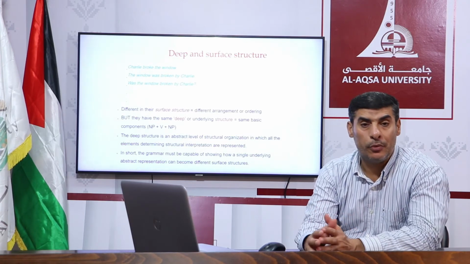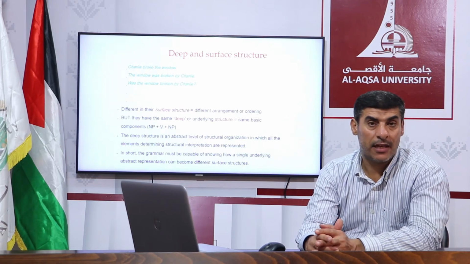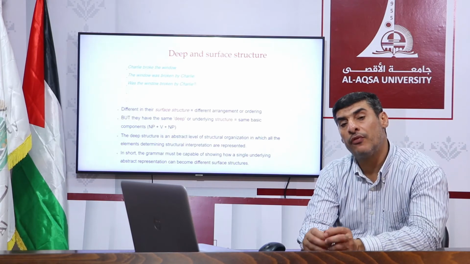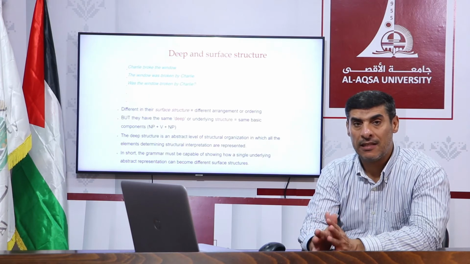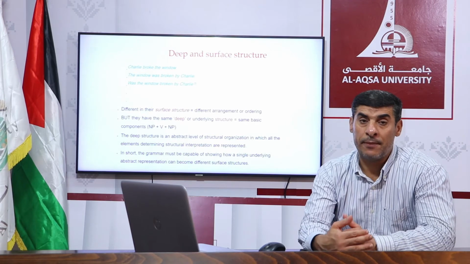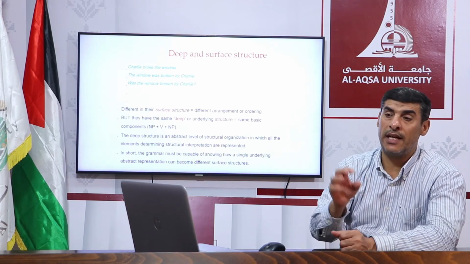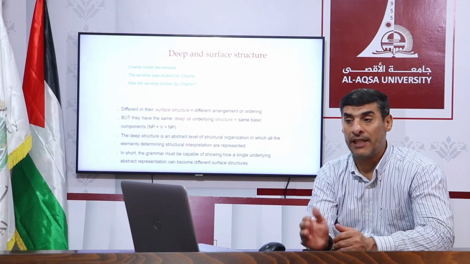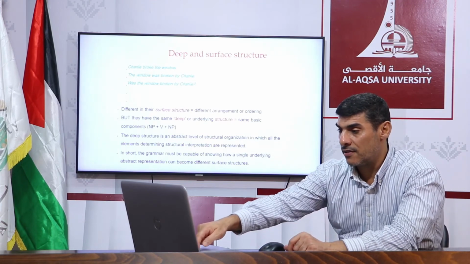I am the one who bought a new table. A new table was the thing that I bought, and so on. So we can change the position of the noun phrase, whether initially or finally, still it is a noun phrase. So what is a subject can become an object. If I say Ahmed saw the lion, the lion saw Ahmed. So Ahmed is a noun phrase, saw is a verb phrase, and the lion is a noun phrase. So the subject can become an object, and the object can become a subject. Don't forget this.